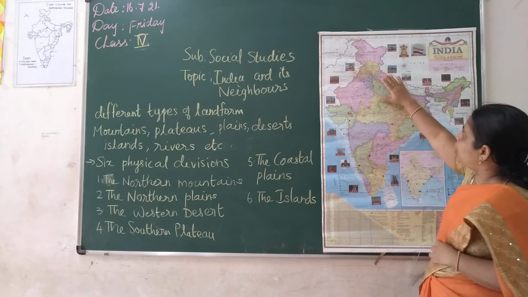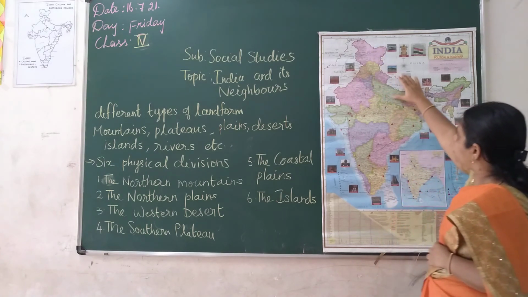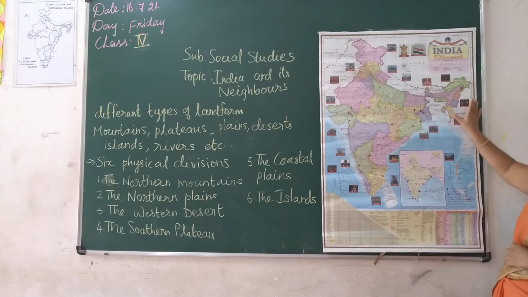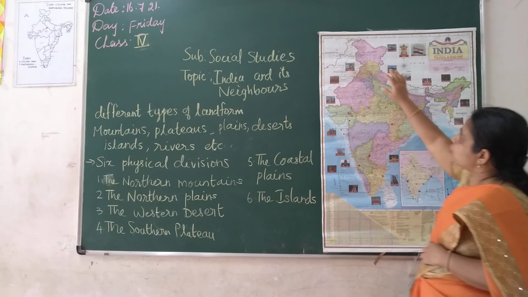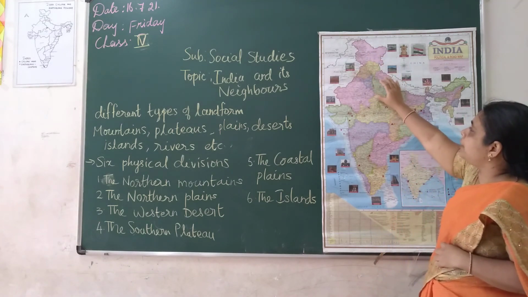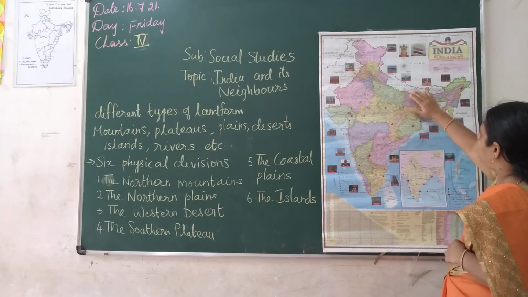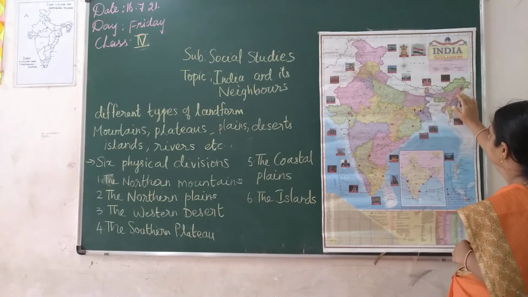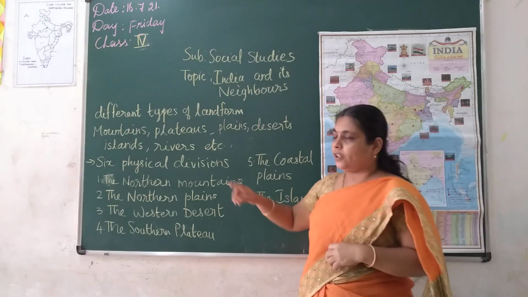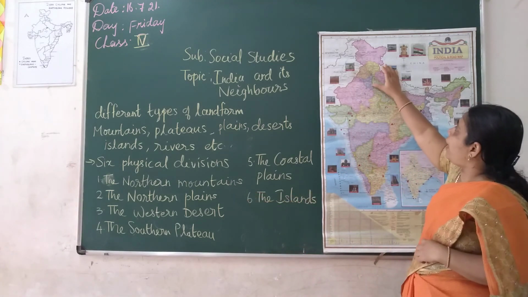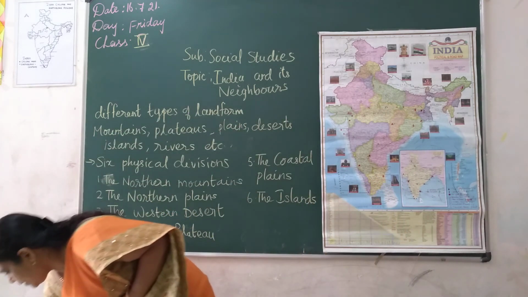In this stretch you have the mountains, starting from Jammu Kashmir, Himachal Pradesh, Uttarakhand, and Nepal, Bhutan, all these places covered. Here you have the Himalayas. I will show you in the atlas.